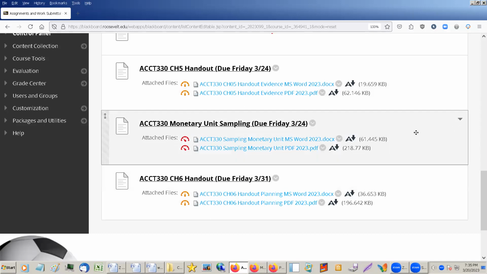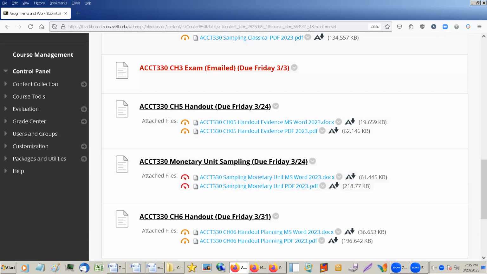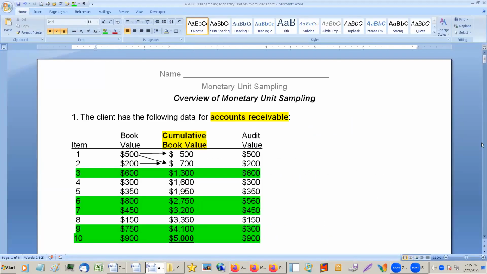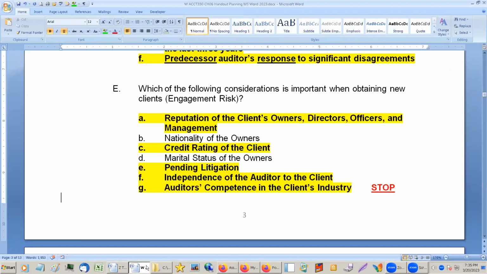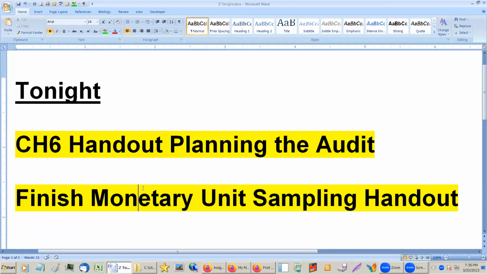So you can turn this one in, the monetary unit sampling. Chapter 5 we finished last week. Chapter 6 we're still going to work on, hopefully finishing it by next week.